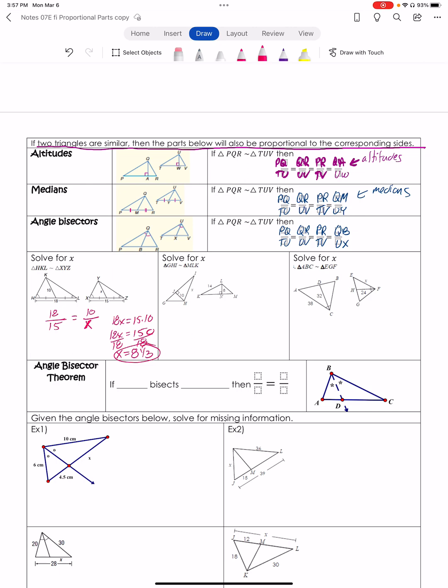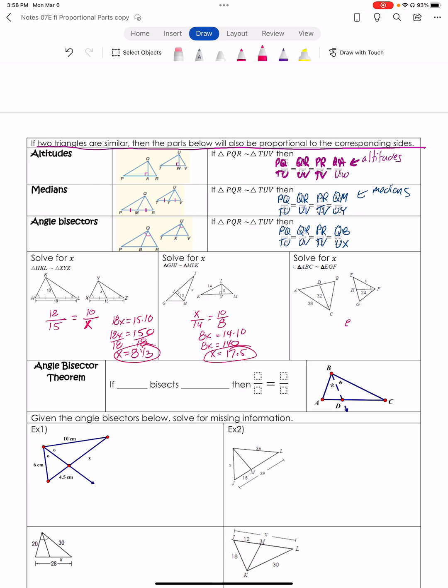Same thing with this one right here. We're solving for x. I know x over 14 is equal to 10 over 8. So 8x is equal to 14 times 10. 8x is equal to 140. And x is equal to 17.5 because we're not asking for rounding at all.